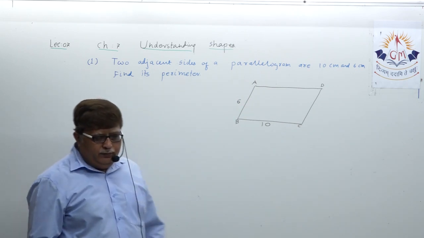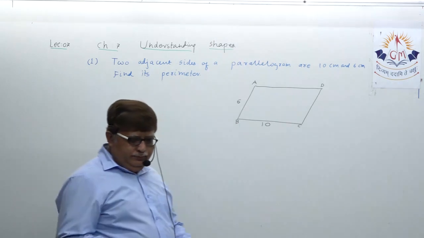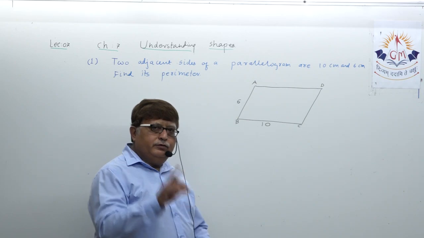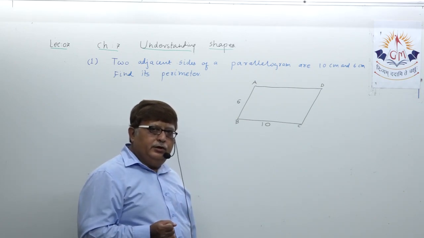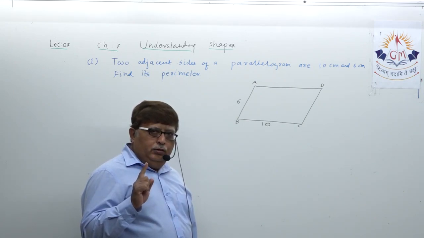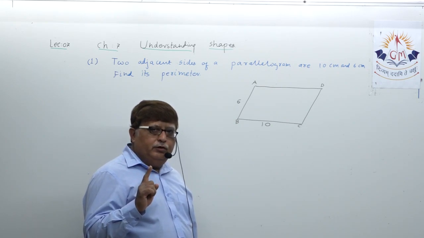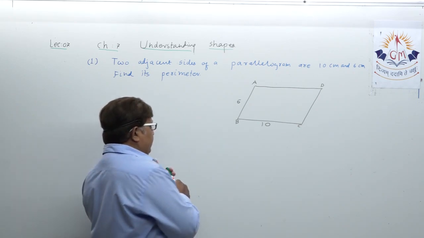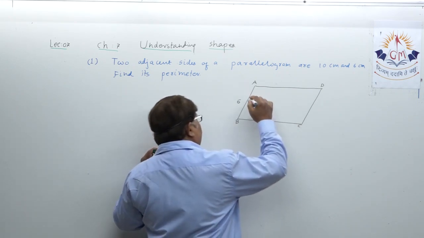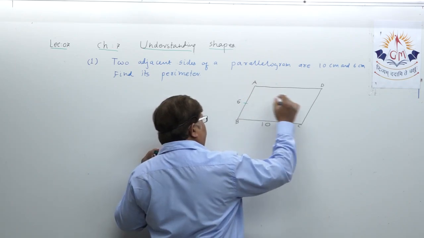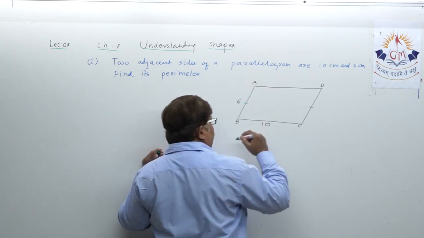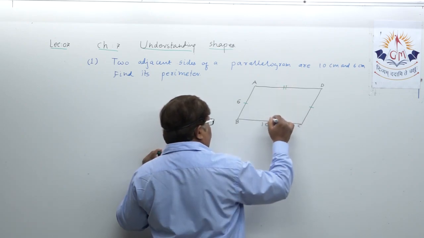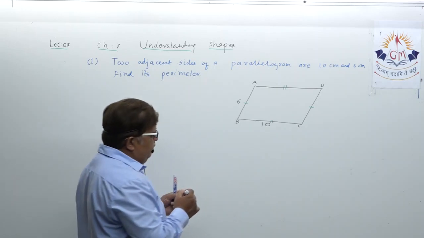We have to find perimeter. Do you know the concept? What was the first property? Can you tell me? Opposite sides of parallelogram are congruent. That means, student, side AB equal to side CD, side AD equal to side BC.